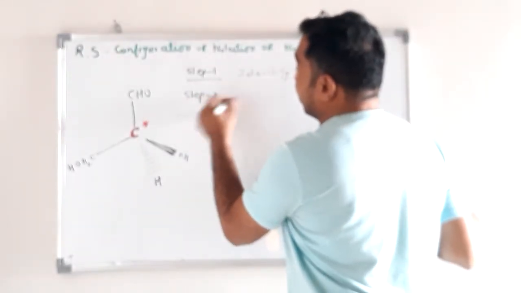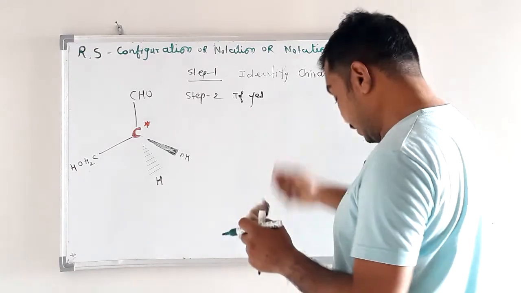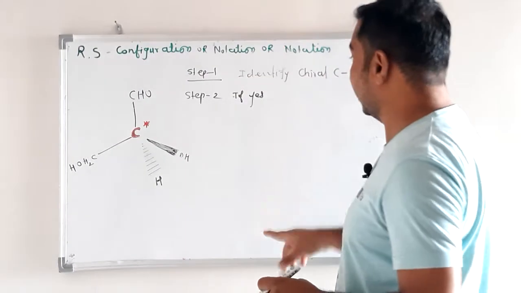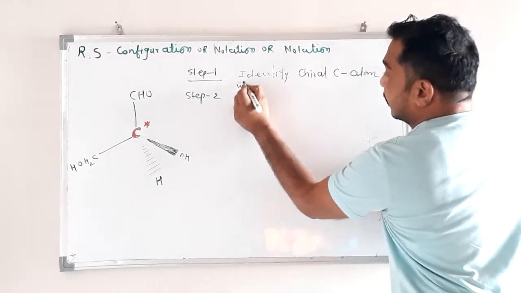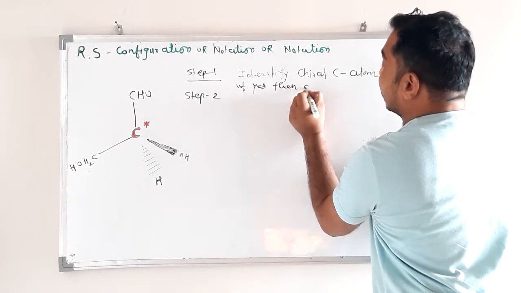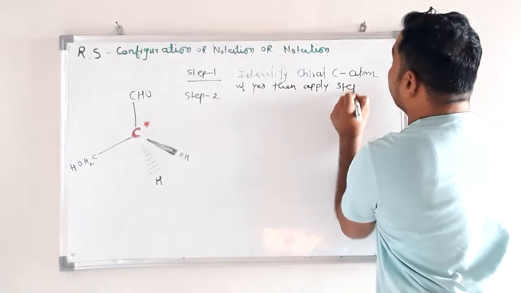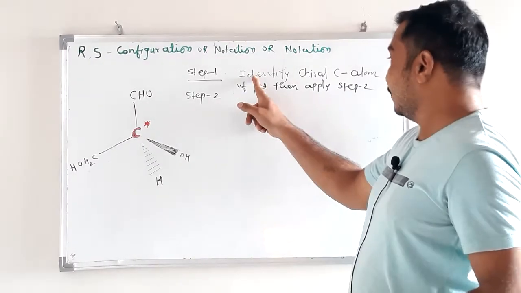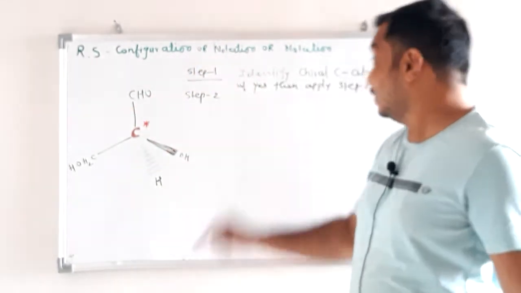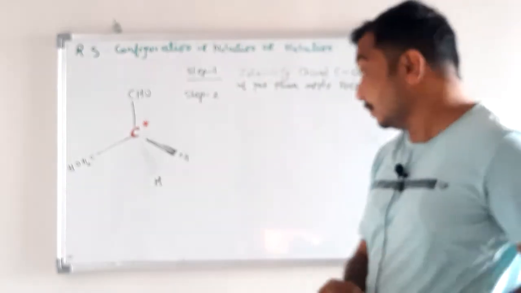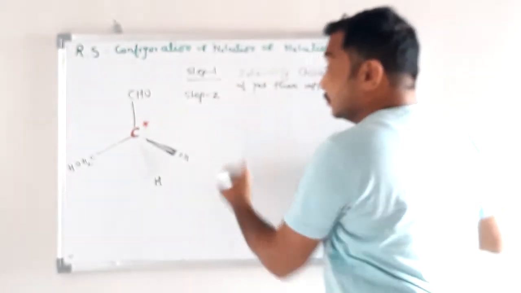Step 2: if yes, that is, in step 1 we identify the chiral carbon atom, if this compound contains a chiral carbon atom, then we have to apply step 2. What is step 2? Now, in step 2, what do we have to do?